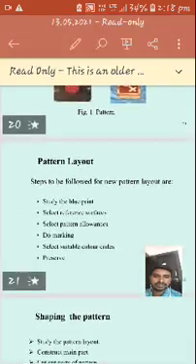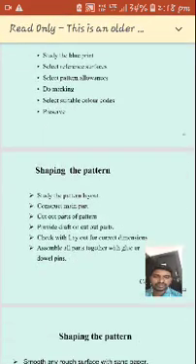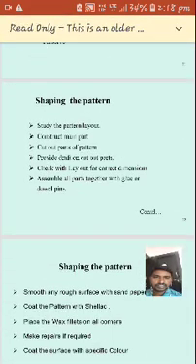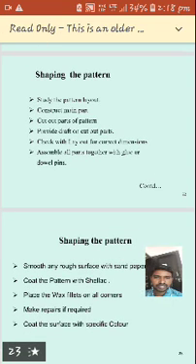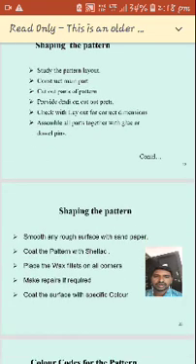The next point is shaping the pattern, how it can be given shape. Study the pattern layout, construct the main parts, cut out parts of the pattern, provide the draft, and check with the layout for correct dimensions. Assemble all parts together with glue or dowel pins.